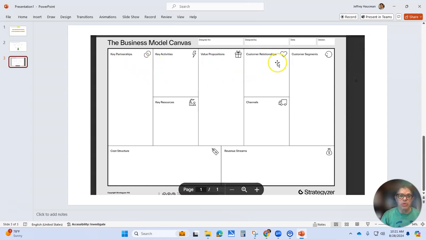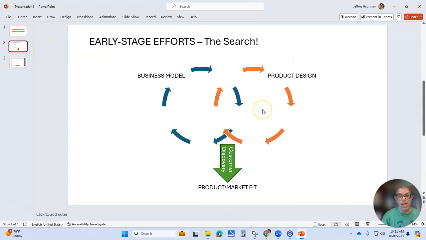And the reason you start with the business model canvas is it forces you to really think about the people, the customers that you would be serving, because if you don't have customers, you don't have a business, right? And so going back then to this item, we're really talking about this process of developing a business model, and using the business model canvas is a process of customer discovery, right?